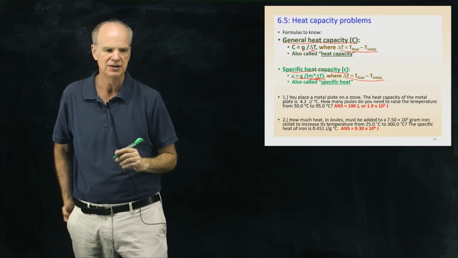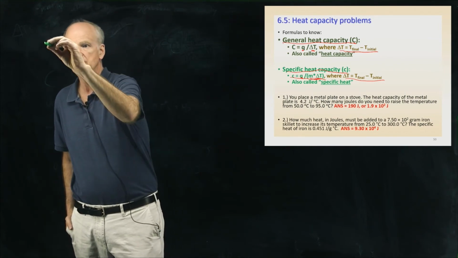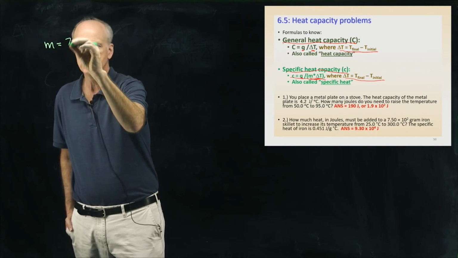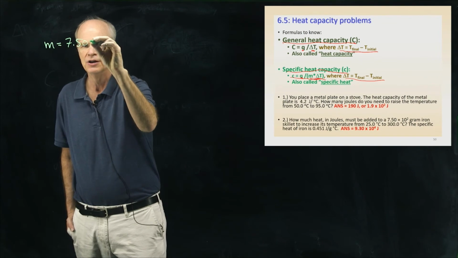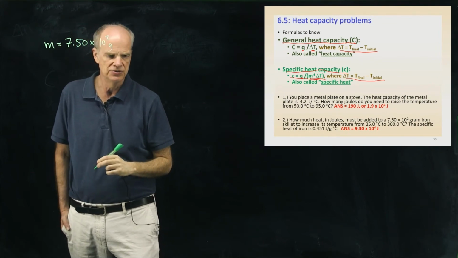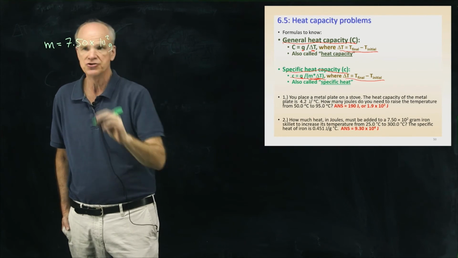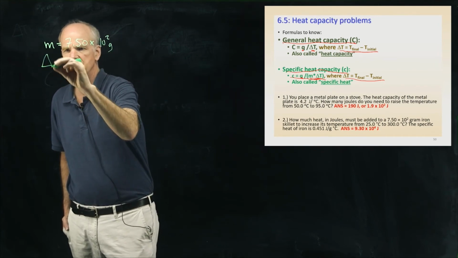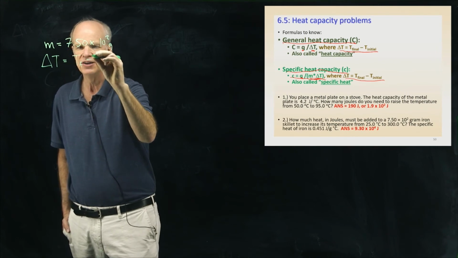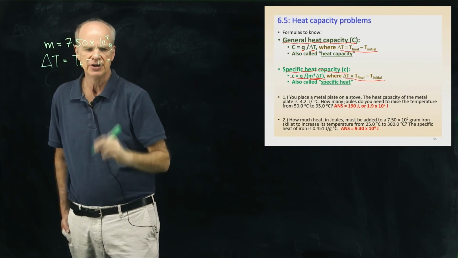One thing you'll notice in this problem is that there is a mass. The mass is given to us, let me write this here, it's 7.50 times 10 to the 2 grams. It looks like there is a temperature change mentioned, so I'm going to write delta T here, which you might remember is T final minus T initial. Let me work that out now.